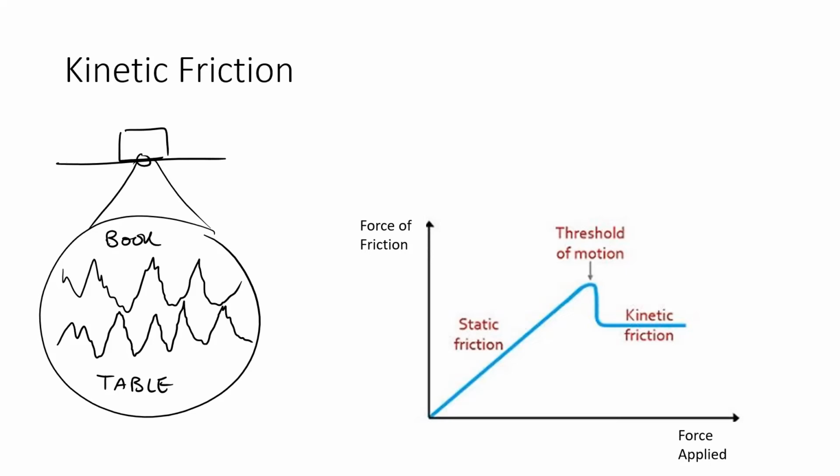They're moving so quick past each other. They're just sort of bouncing on the top of each other. And that's why this is a smaller force. So I can push it, and it takes a lot of energy or force to get it to start going. But then as soon as it starts moving, now it's a lot easier to push. And that's because of this sort of riding on the top. They're not connected anymore. The equation of this is, let's see.